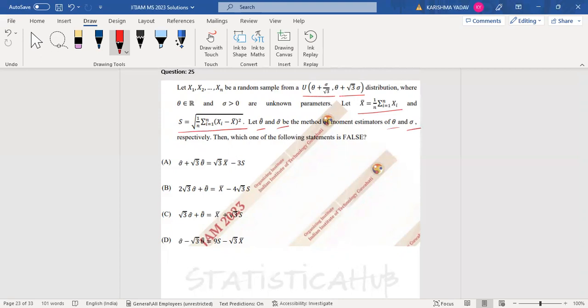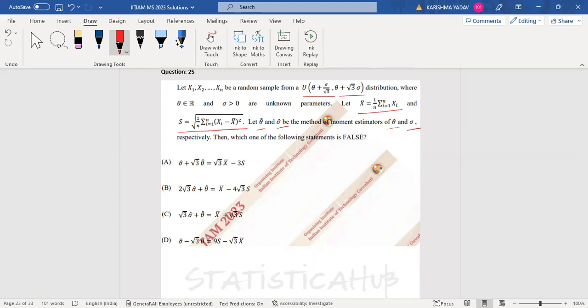So we have a random sample x1, x2 to xn, which follow the distribution uniform a comma b. Let's name them a comma b, and x bar is the mean and s is the standard deviation, or you can say s square is the variance. Theta cap and sigma cap are the method of moment estimators of theta and sigma.